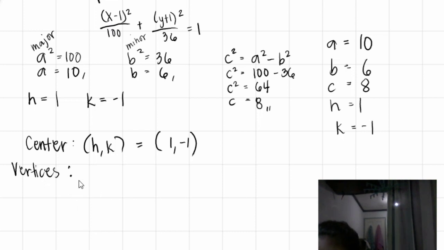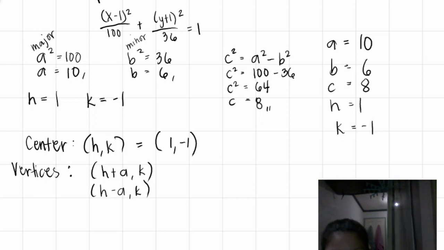The vertices formula: our first vertex is h plus a, k. The second is h minus a, k. Just locate those. For the first vertex, h plus a, our h is 1, plus a, which is 10, and k is negative 1.